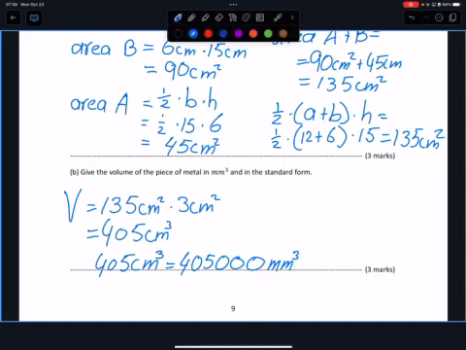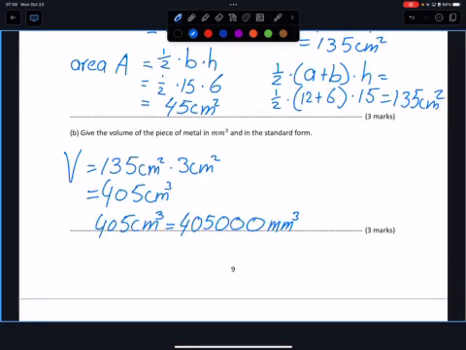And then placing it in the standard form. And this is your final answer. 1 point for each.